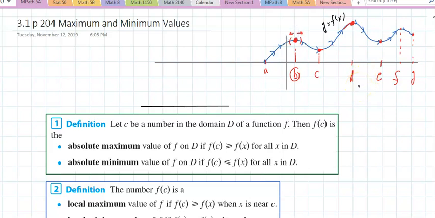If I am at a point and my only options are moving left and right, and in both cases I'll be coming down, we say this is a local maximum.